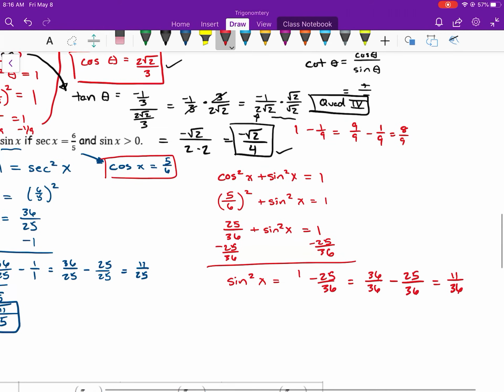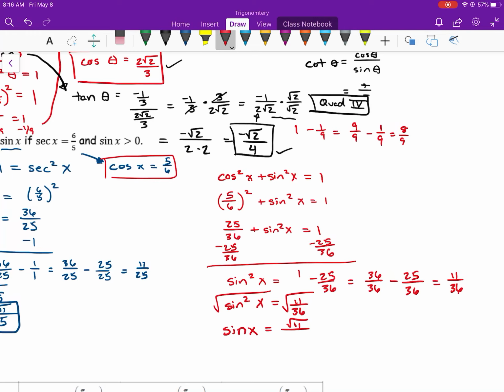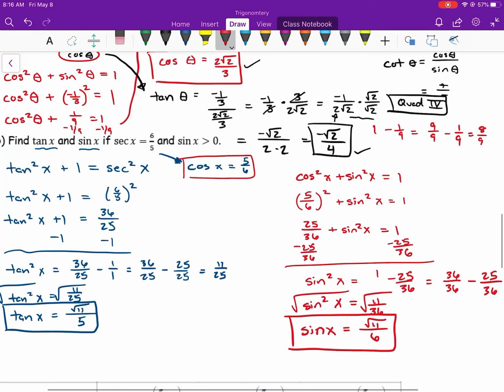Similar to tangent, but it's a different number. So sine squared of x equals 11/36. Square root of both sides: sine of x is equal to square root of 11 over square root of 36, which is 6. There we go. We have tangent and we have sine.